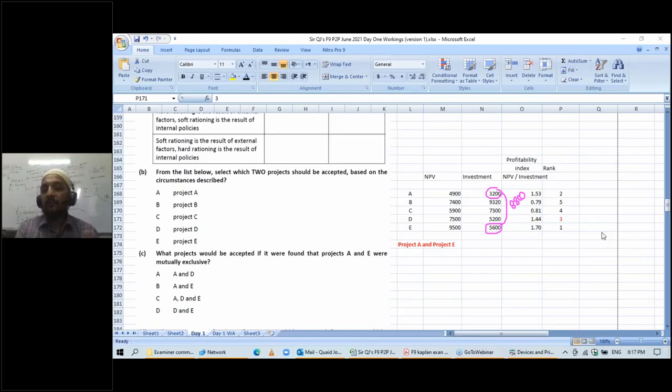So obviously I will have to start with the second rank project, which is A, which needs 3200, and then I will invest second in project D, which is ranked 3. So after first investing in A, I will be going for project D. That's practically possible because both items in green will need together 8,400. Now you can check that any other option is also not practically possible, so no need to check, because all other options require more than 10 million.